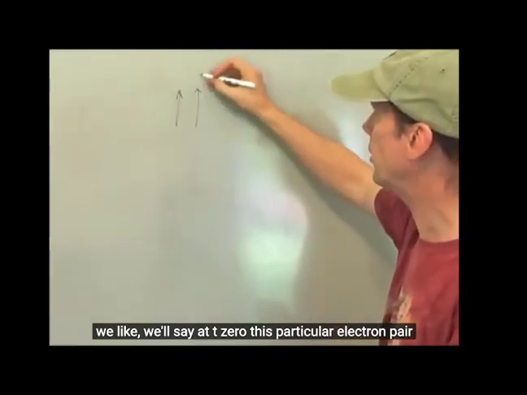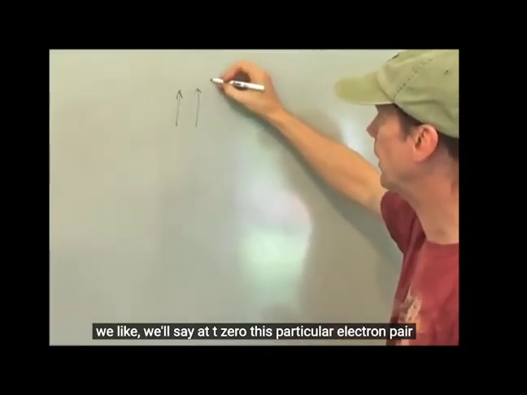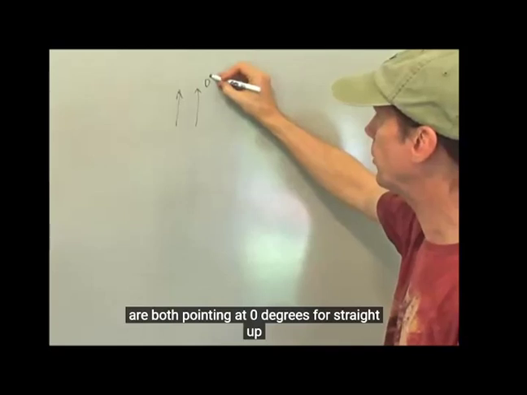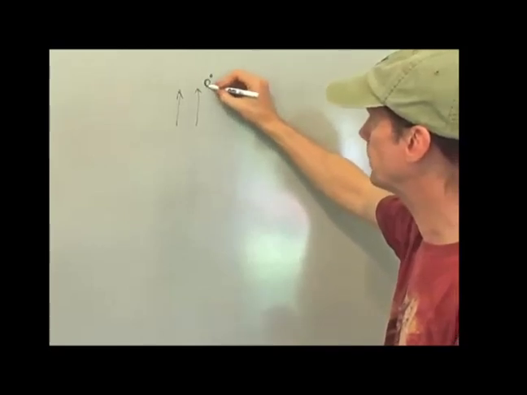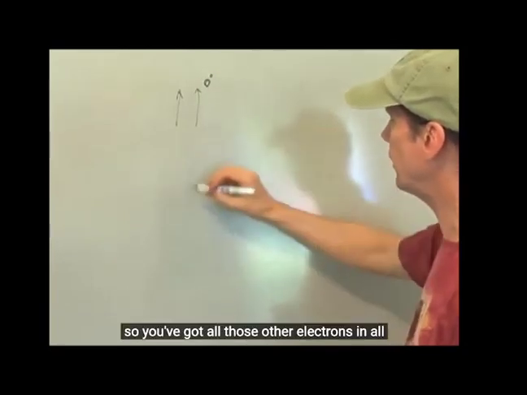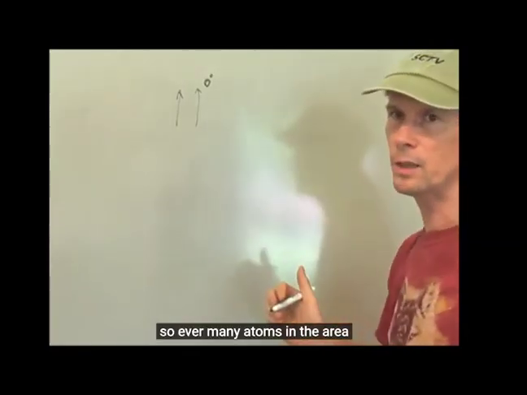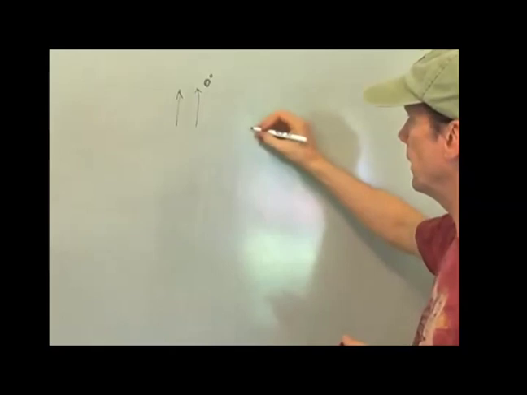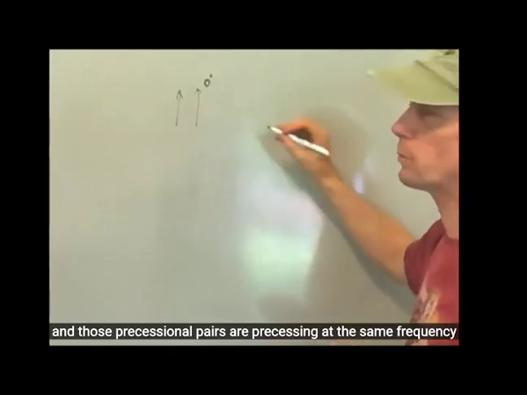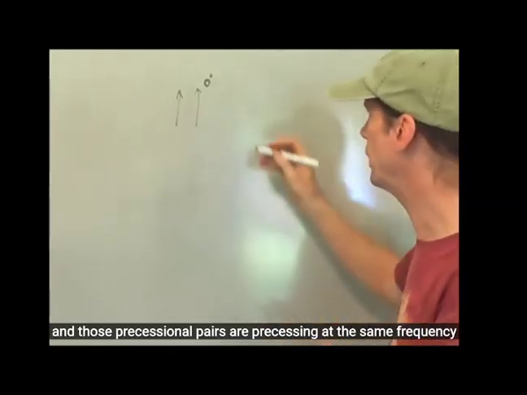We'll say at T0, this particular electron pair are both pointing at 0 degrees, straight up. So you've got all these other electrons and so many atoms in the area, and those precessional pairs are precessing at the same frequency.